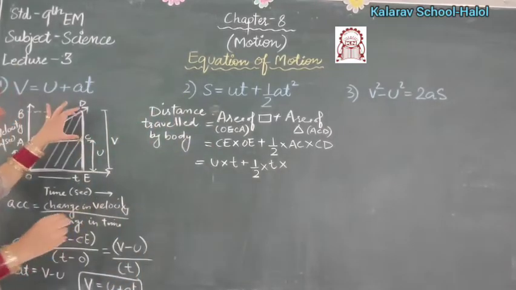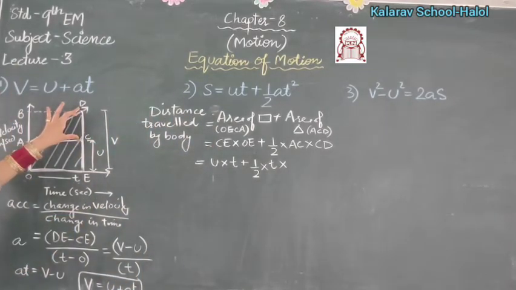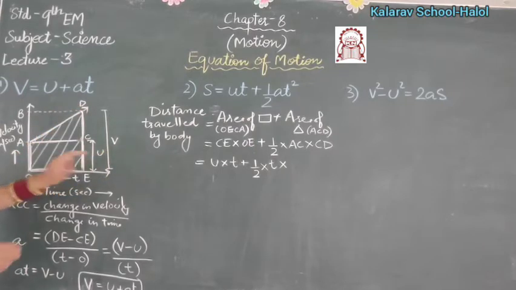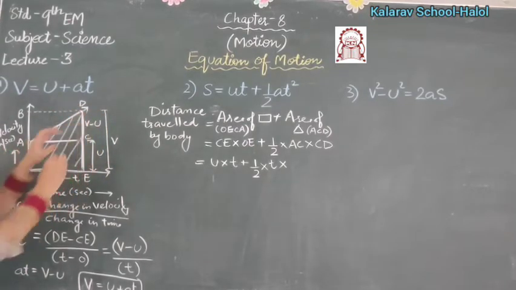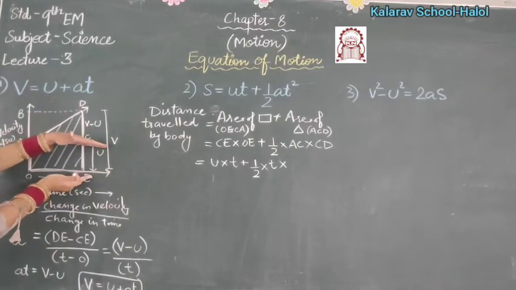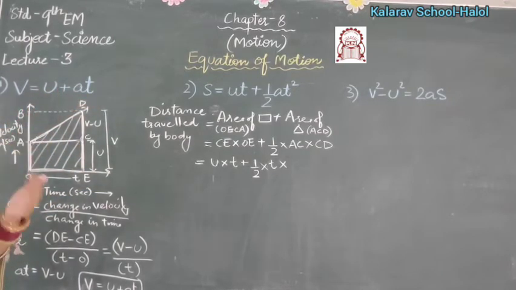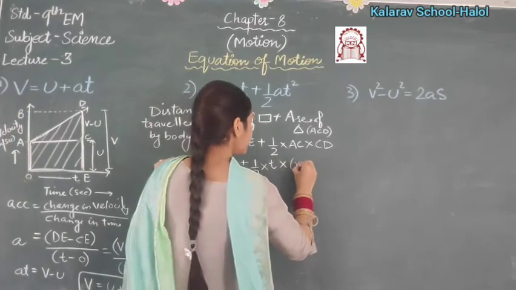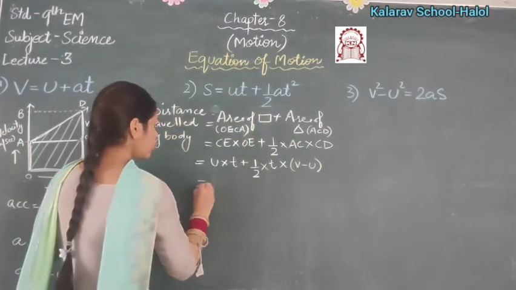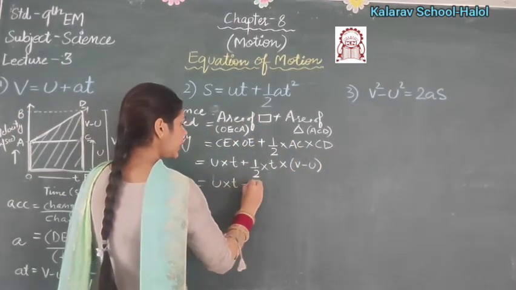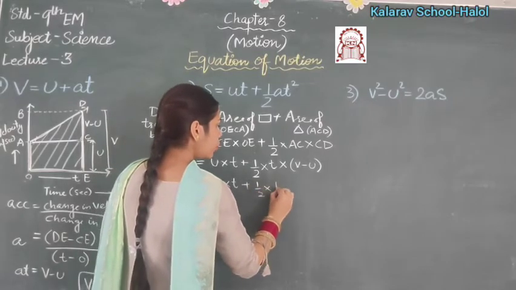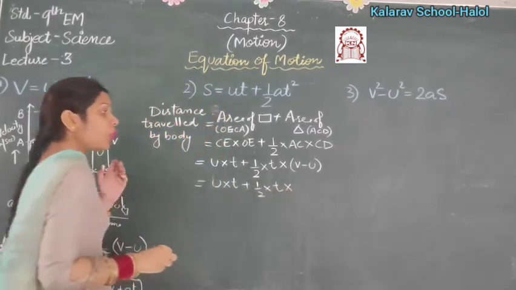What is CD? Here you have to know CD is the change in velocity, that is v minus u. The full is v, the small is u, and that portion is v minus u. So here, ut plus 1 by 2 t multiplied by v minus u.